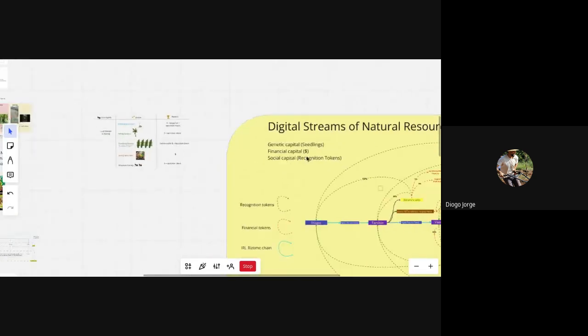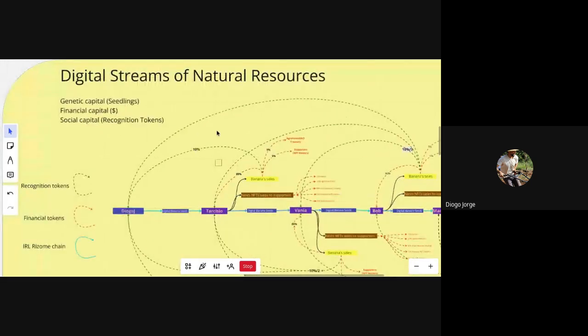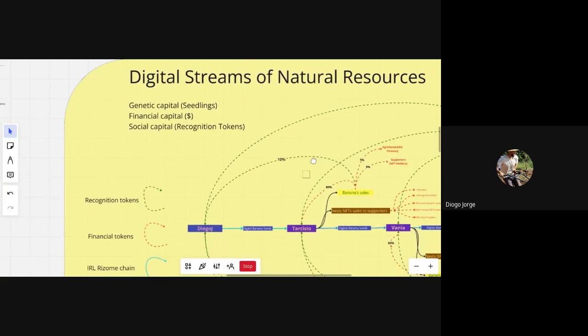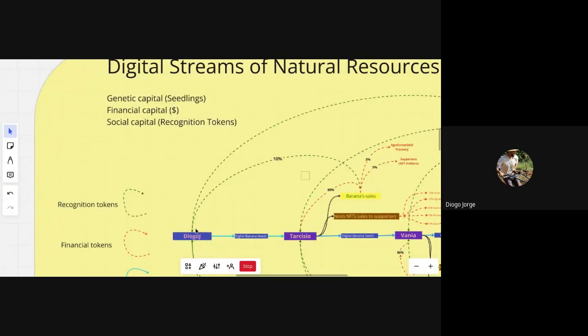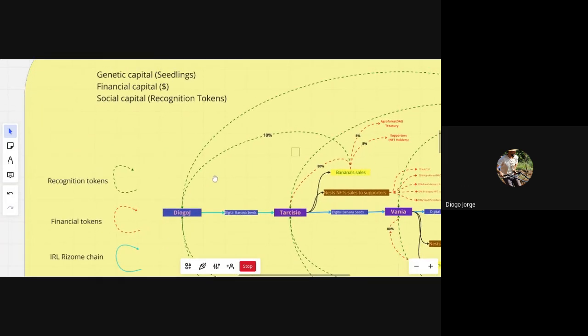So here we track the digital streams of these resources, starting in this scale. So basically, we have this type of capital flowing: genetic capital, which are the banana seedlings; financial capital, money coming from NFT sales or banana product sales; and the social capital, the recognition token.